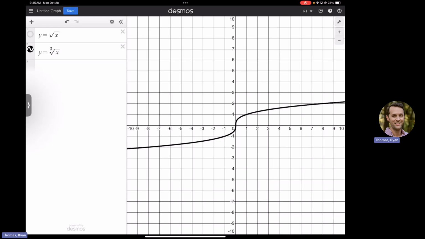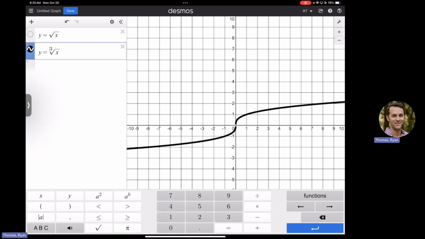But if the index is even, then we have to do pretty much the same kind of thing that we do for a square root. Because any even index here, the same thing's still true. I can't take an even root of a negative number, because an even root means you're talking about, in this case, 4 pieces of things.